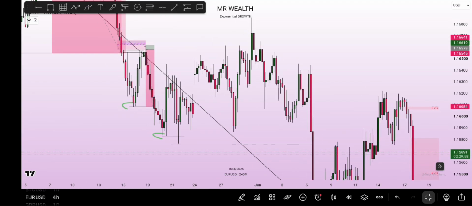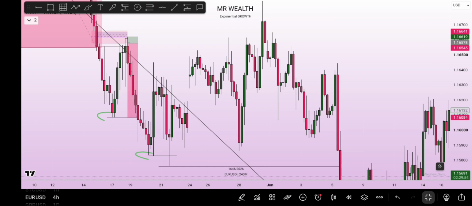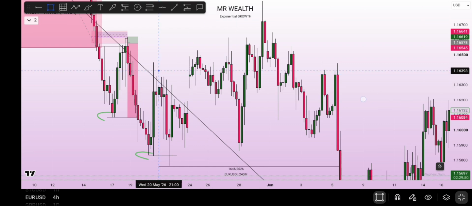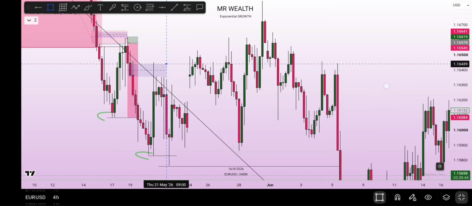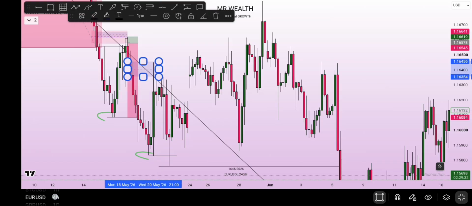You can see it. So there's a trigger from a hidden block. A hidden block is just like a block that is hiding in the higher time frame but is visible in the lower time frame. What you are seeing in the lower time frame is a massive POI.